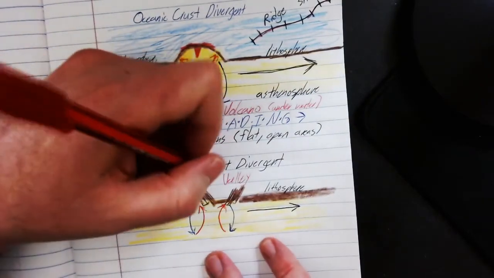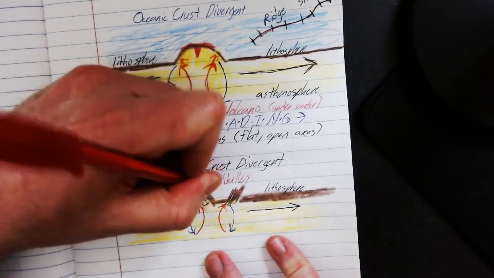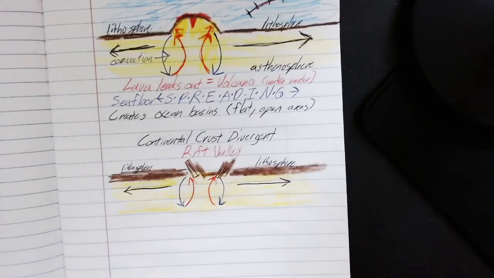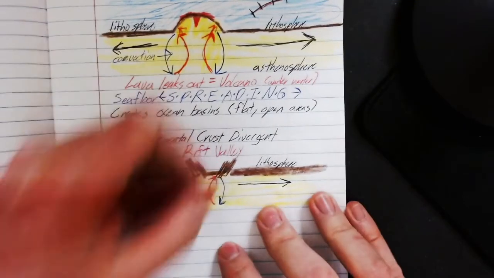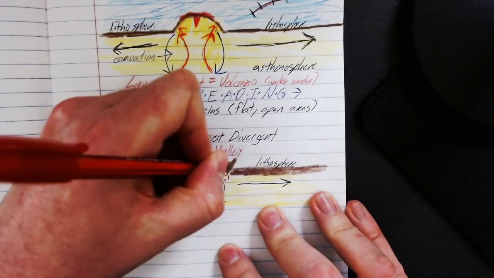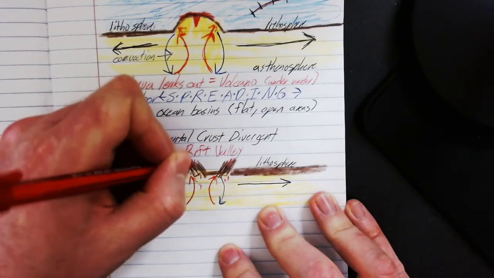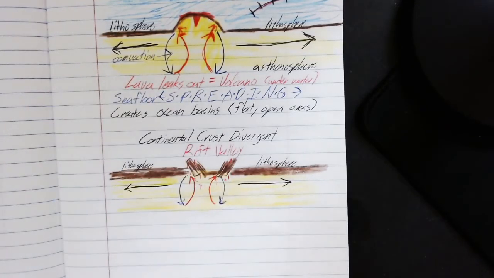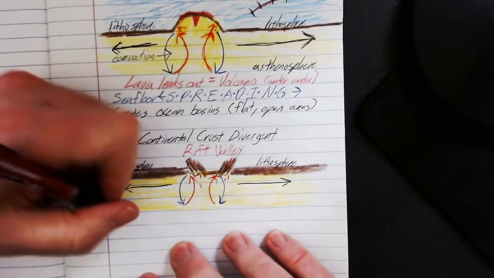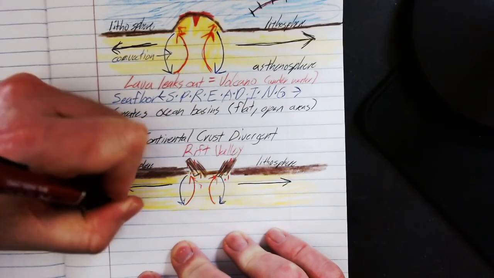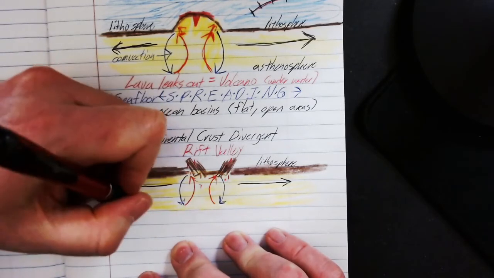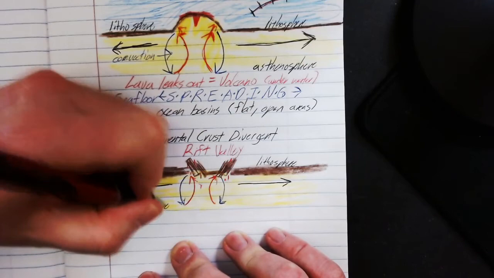Rip sounds a lot like rift. And so this is called a rift valley. And inside of this rift valley, you can actually have volcanoes because this is all broken, and just like if you break a bowl of soup, the soup will leak out. So in this case, you have lava that can leak out, and it can make volcanoes.